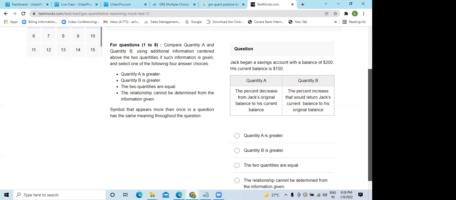Isn't it that the two quantities are equal? Yes, the two quantities are equal, sir. Just think it over and tell me. The decrease from Jack's original balance to his current balance should have been minus.